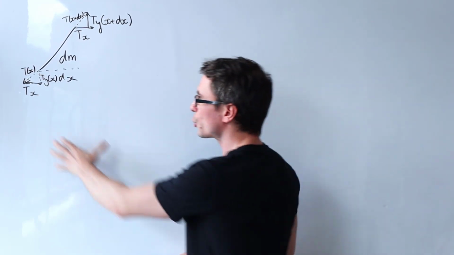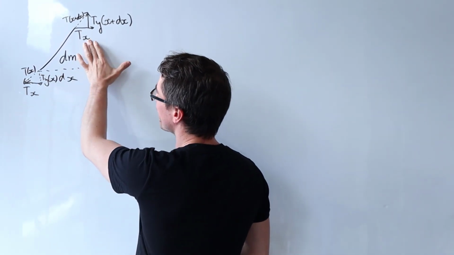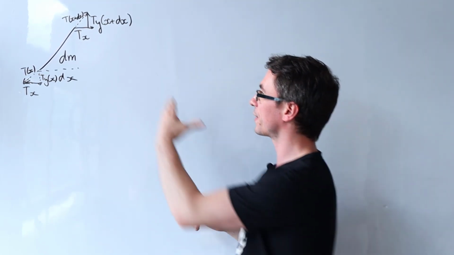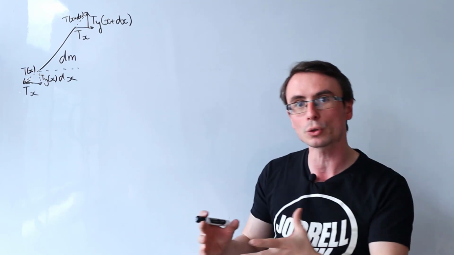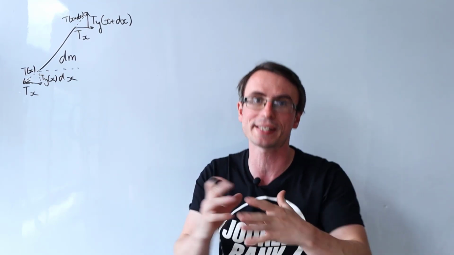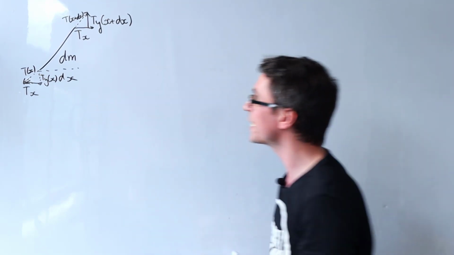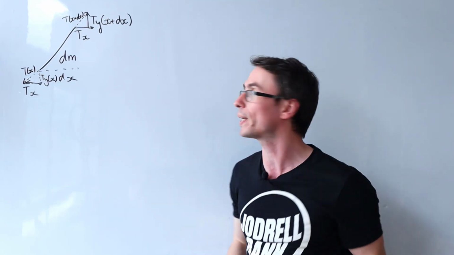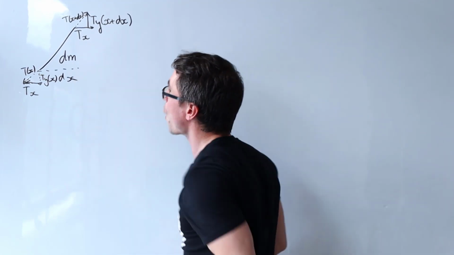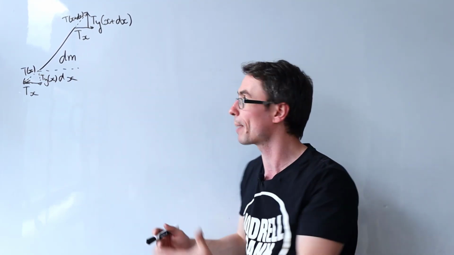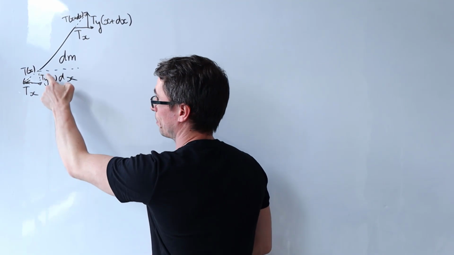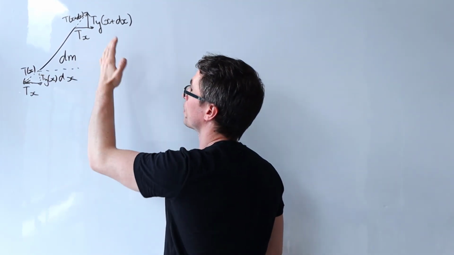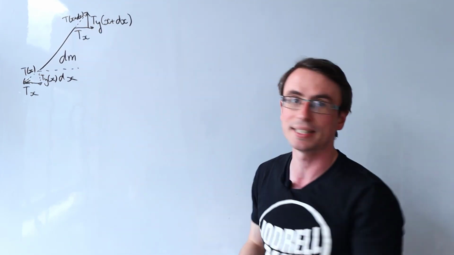Now notice that I just called these components with the same symbol. The reason for that is that those are the only horizontal forces that are acting on this segment. And because the chain is stationary in the horizontal direction, it is not moving anywhere, those two components will have to be the same, i.e. T of x at position x will have to be the same as T of x at position x plus dx.